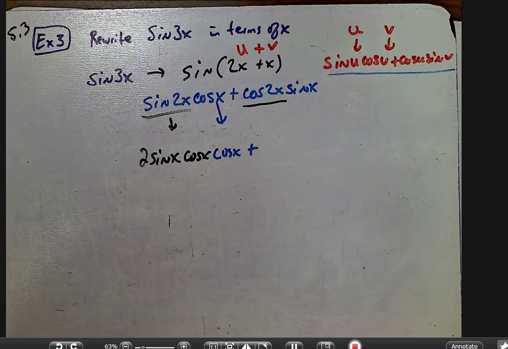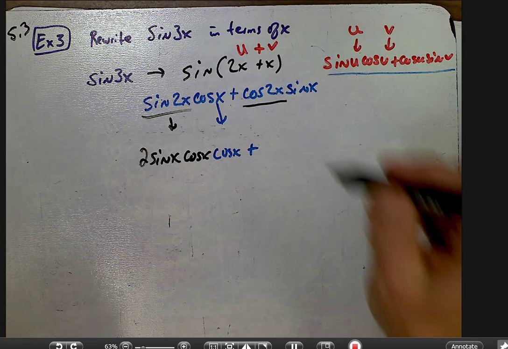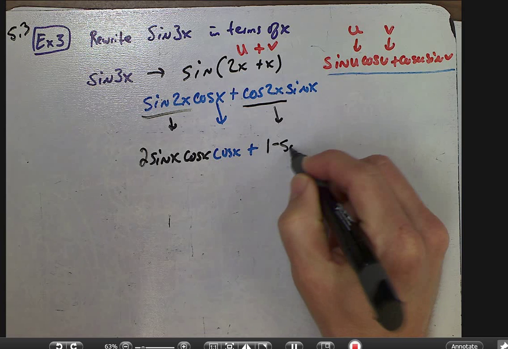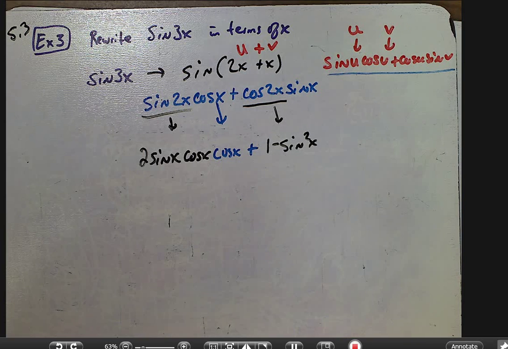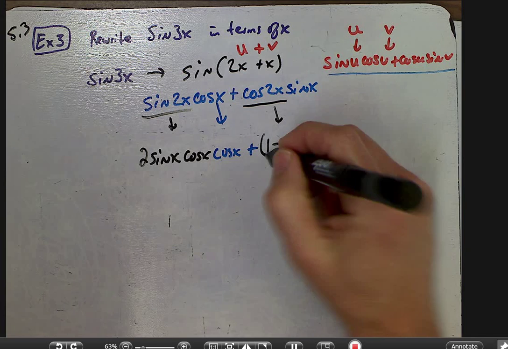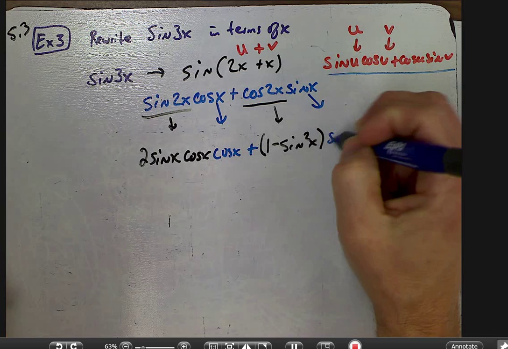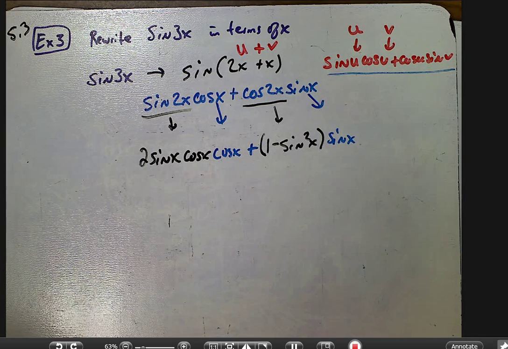I think on the previous one we used cosine squared x minus 1. Well, I want to turn everything into sines, and I believe the double angle for cosine has 3 equivalent things. One of them is 1 minus sine squared of x. I'll put that in parentheses because it's being multiplied by the sine of x. Okay?